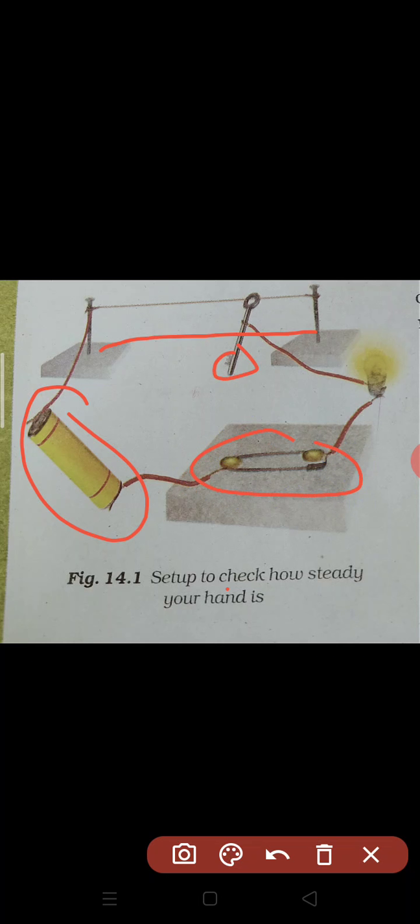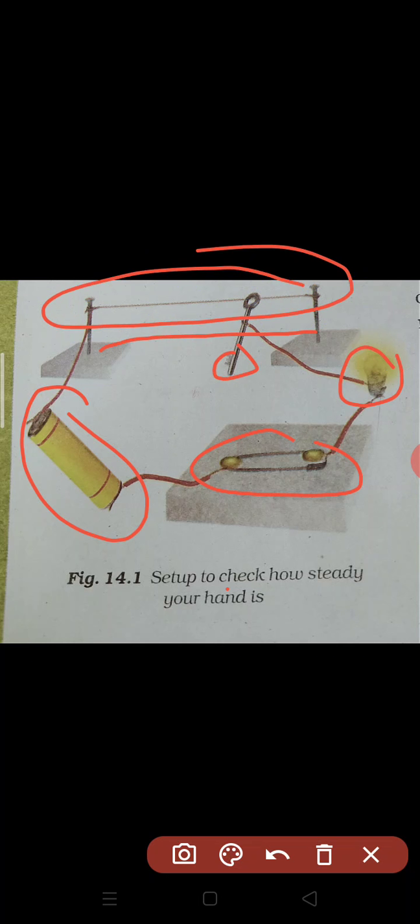In the sense of science, we can say key, or you can say switch. Then this is the bulb, then these are the conducting wires. These are the various components of the circuit.